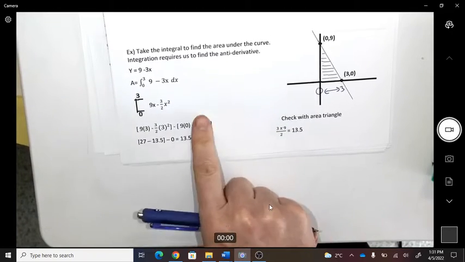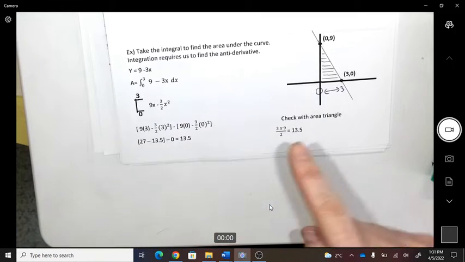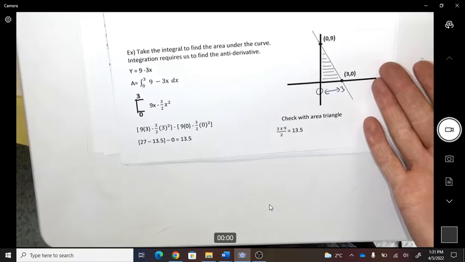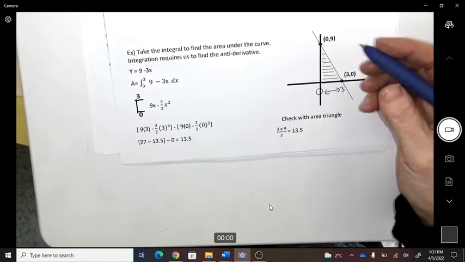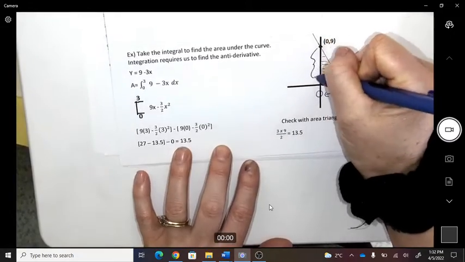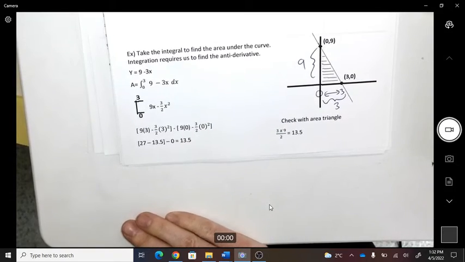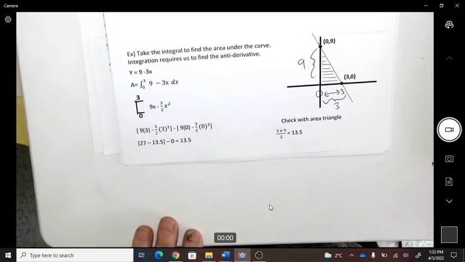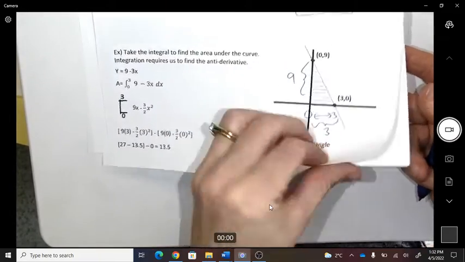I plugged it in, and I got 13.5. On this one, I also just used geometry because it was a perfect triangle. It doesn't work on a parabola, but I could do a perfect triangle, which is half of the base times height. If this was 9 and this is 3, what's a half times 9 times 3? That ends up being the same.